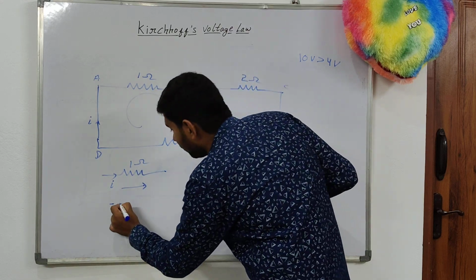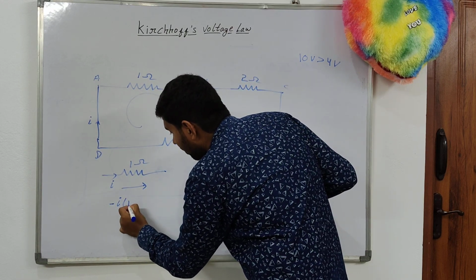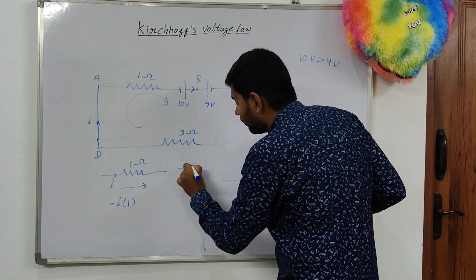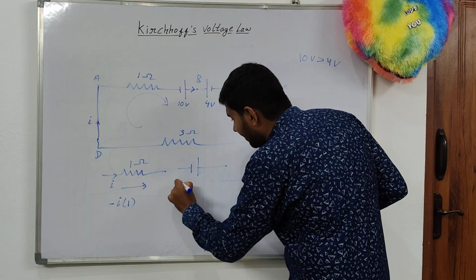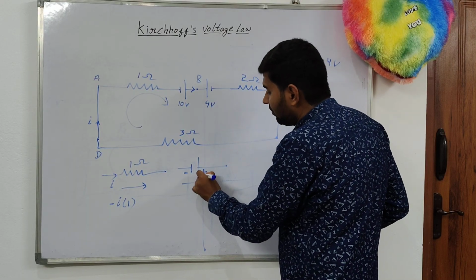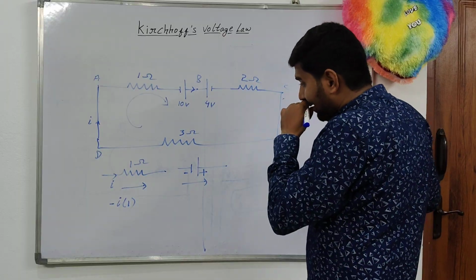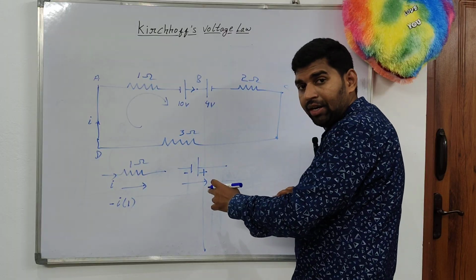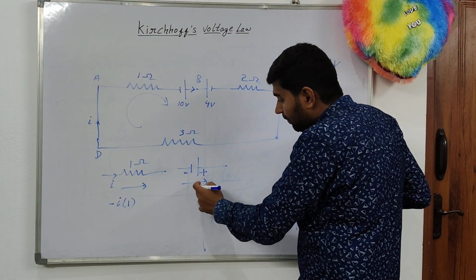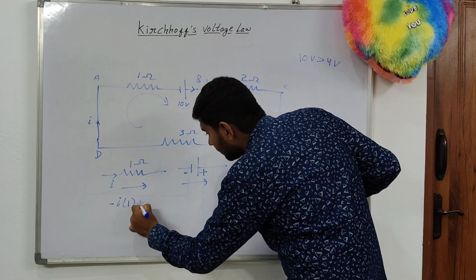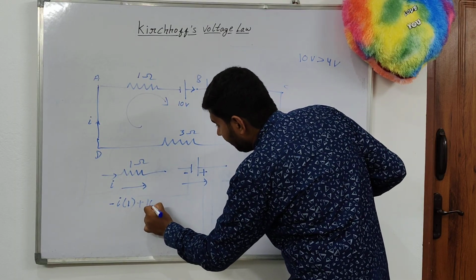Here it is current I into R1. After that, the traversing direction is from the negative terminal of the cell to the positive terminal of the cell. How can I write this? From negative plate to positive plate, lower potential to higher potential, I can write plus 10.